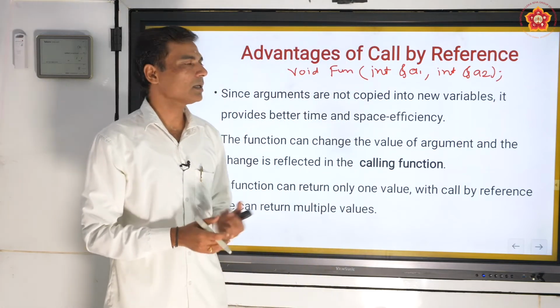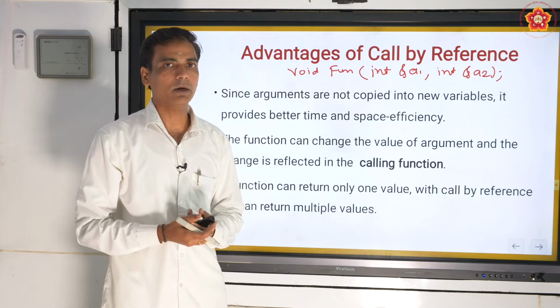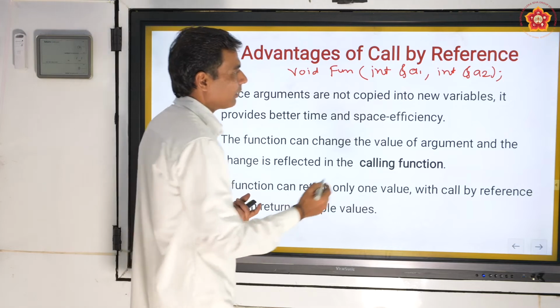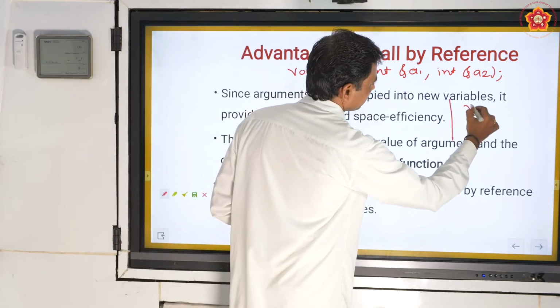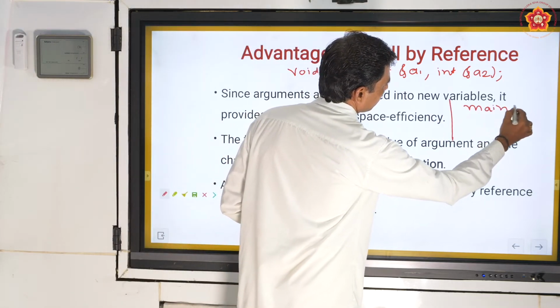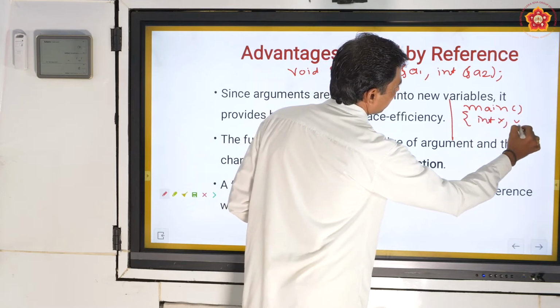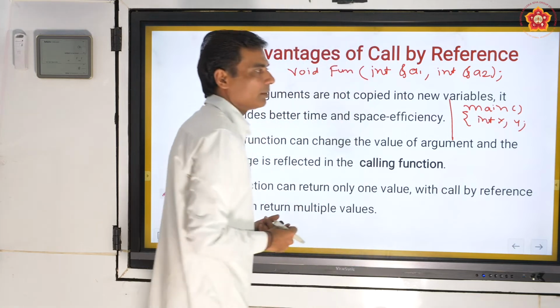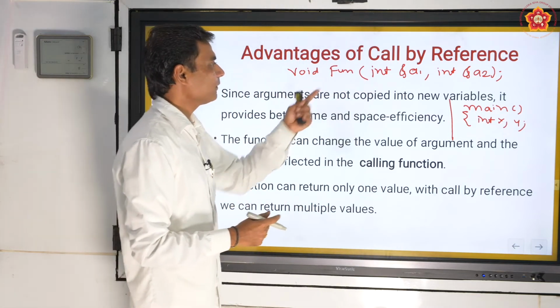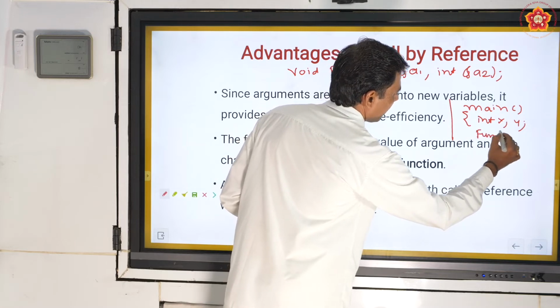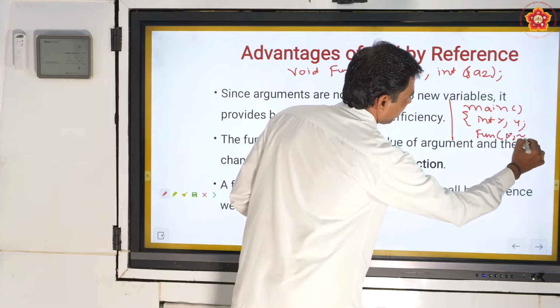So I am creating references to two variables of the calling function here. In the main, the original variables are, say, int x and int y, two variables. When I call the function fun, I am passing x and y.